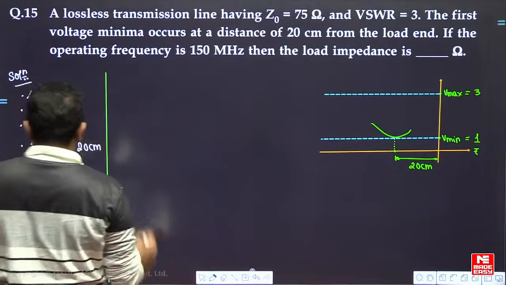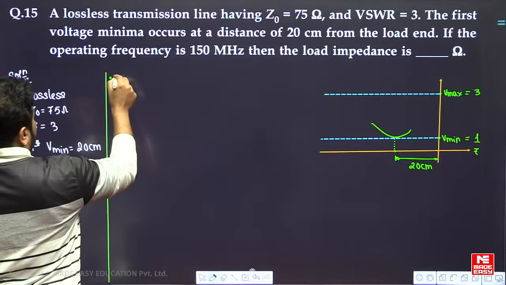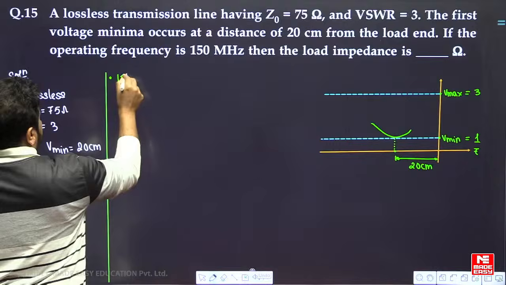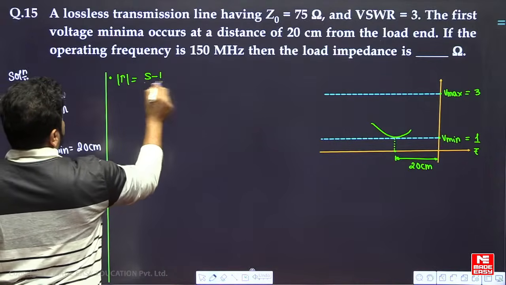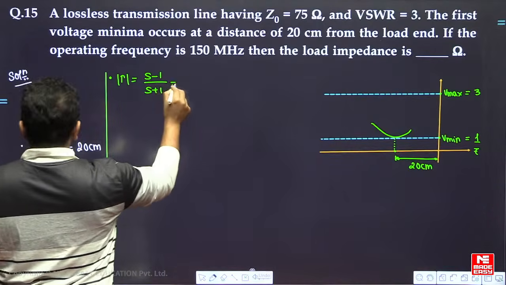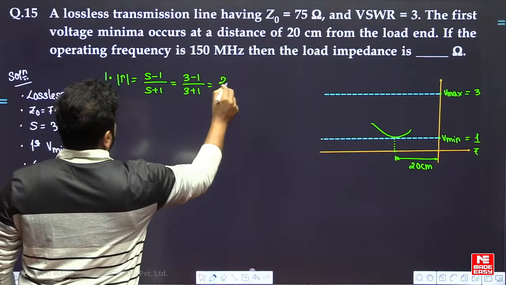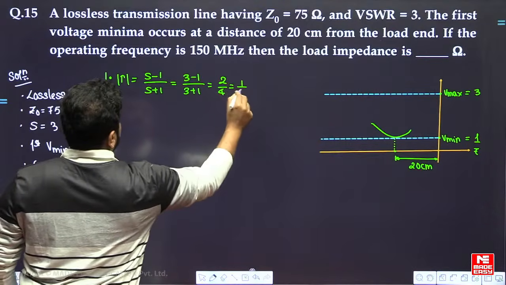First of all, we should know what is gamma. What is mod gamma actually? Mod gamma is equal to S minus 1 upon S plus 1, with S being 3, so 3 minus 1 upon 3 plus 1. This is 2 by 4, equal to 1 by 2.